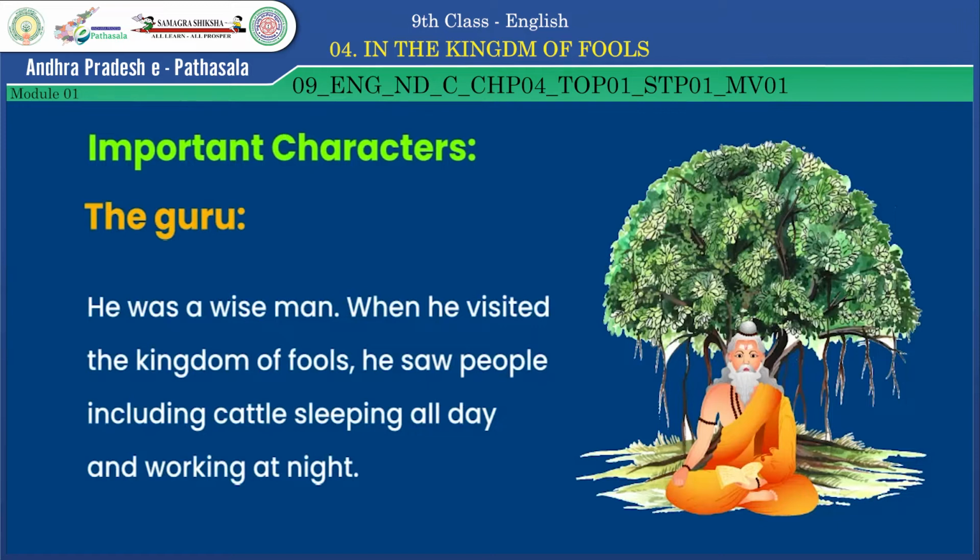Immediately the guru realized, oh, this is the kingdom of fools. So he said to the disciple that they should leave the kingdom immediately. Fools are highly unpredictable people and they may behave however they want and these two people may end in trouble.